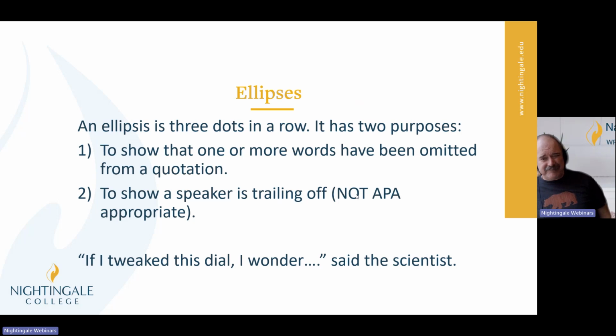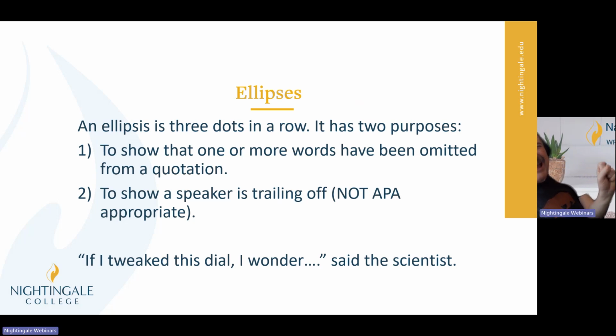I should say, I'm going to pause here before moving on. If you'll notice, when I typed this out at the bottom, I actually wrote four dots in a row. And I've been saying that an ellipsis is three, and it's because we actually have an ellipsis followed by a period.